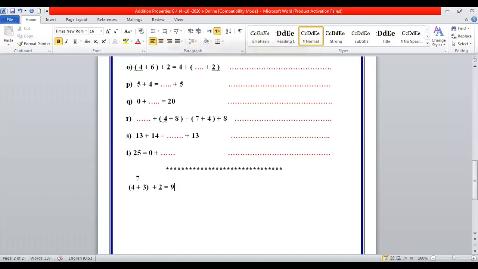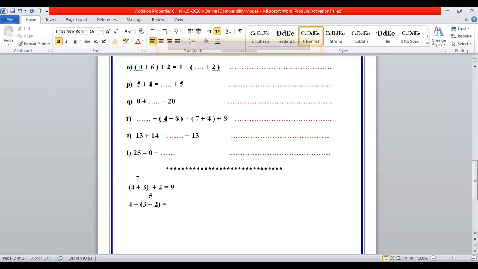9. If we have the same three numbers, 4 plus 3 plus 2, and we start by adding the last two numbers first, meaning 3 plus 2 first, what is the result of 3 plus 2? 5. When you add 5 plus 4, what is the result? 9.